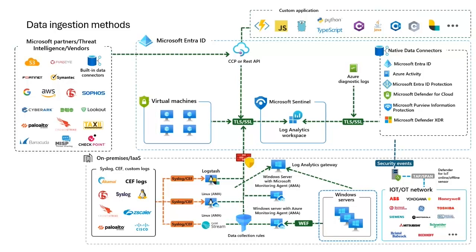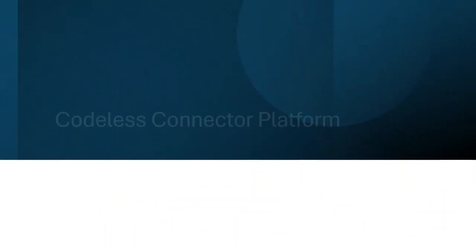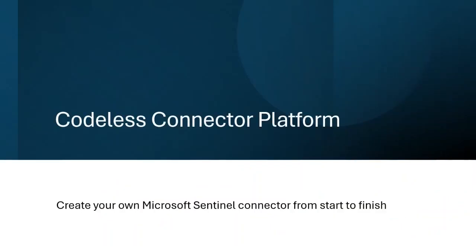You've got your custom applications, you've got your threat intelligence vendors, all of which are available today to be brought into Microsoft Sentinel through the various options that we have today, like API, agent, and file collection. But let's get into where codeless connectors come into play for this.